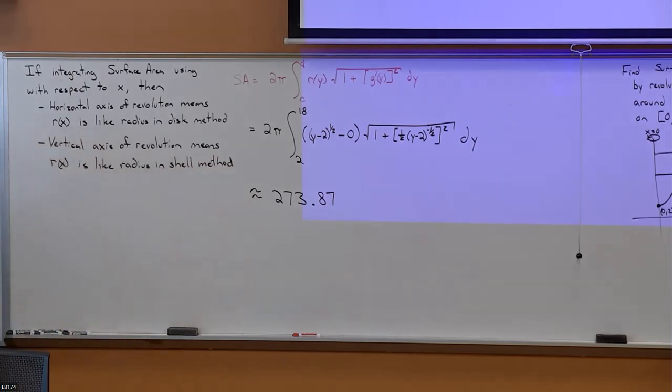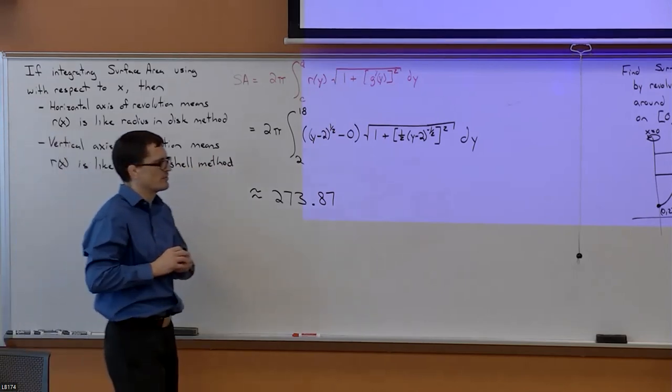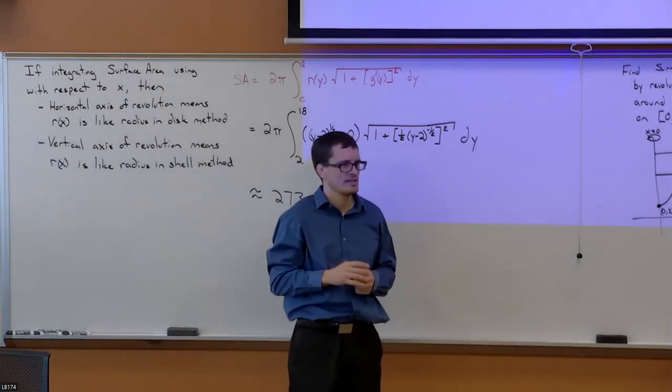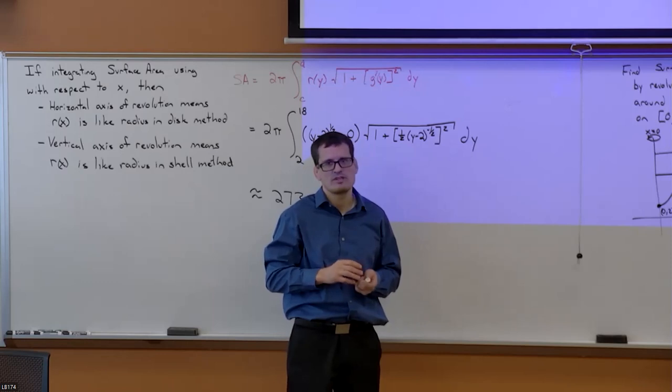Okay. By the way, if you integrated with respect to y, it'd be the exact opposite. It'd be the reverse. Right? Horizontal would be like the disk method. Or excuse me, horizontal would be like the shell method. Vertical would be like the disk. You integrated with respect to y. But most people like to integrate with respect to x, just so they don't have to resolve and solve an equation.